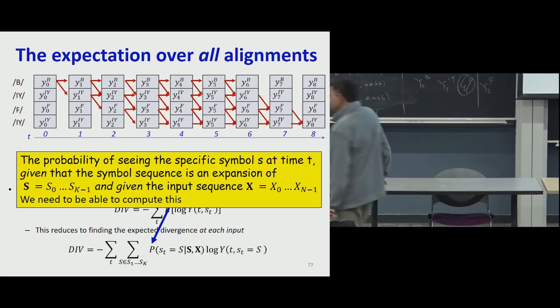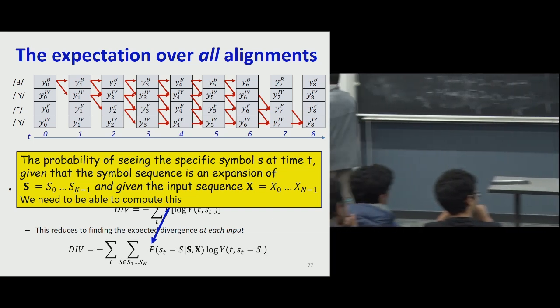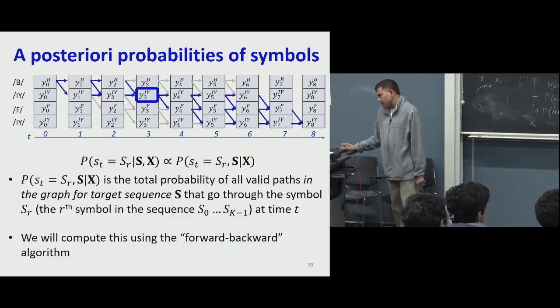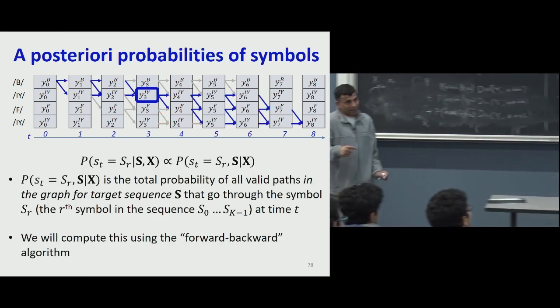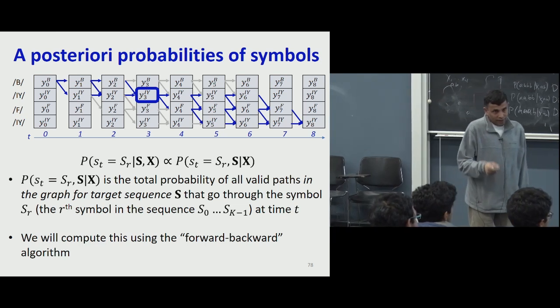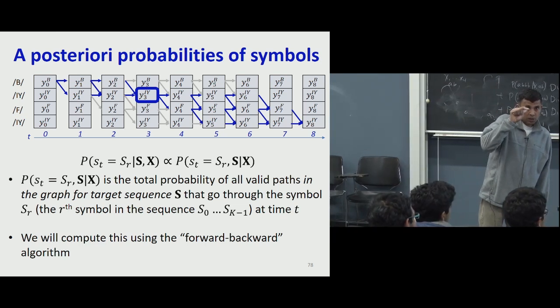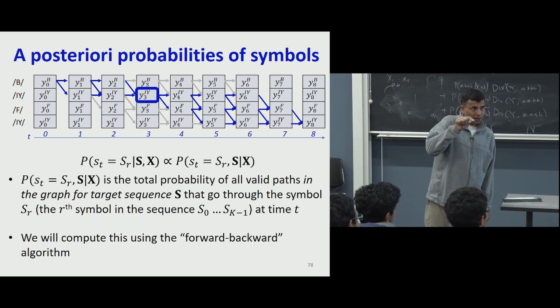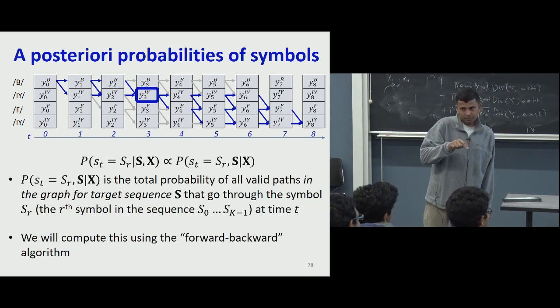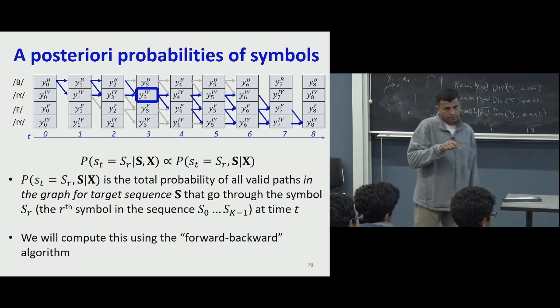Correct? So that probability is going to be proportional to the probability of the entire subgraph that goes through the node that corresponds to having that particular symbol at time t. Right?